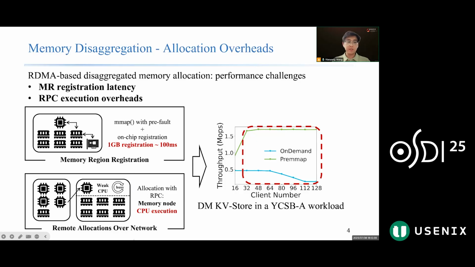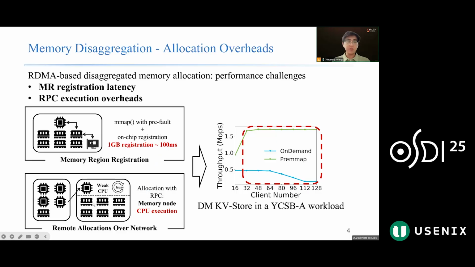These operations are notably time-consuming and must run on memory node CPUs. For instance, registering a 1 GB MR can take more than 100 milliseconds.